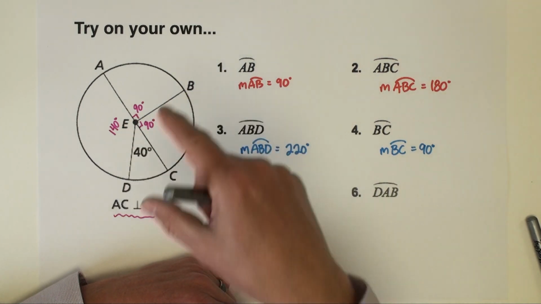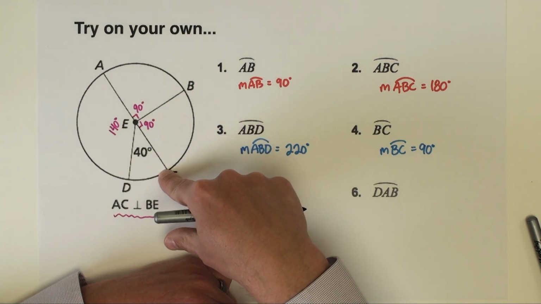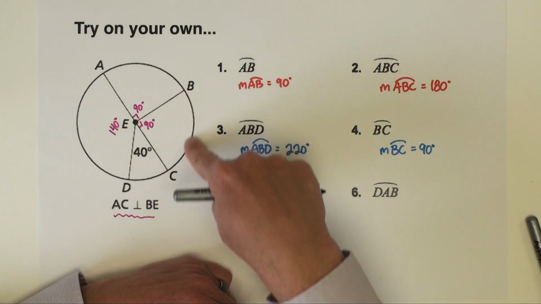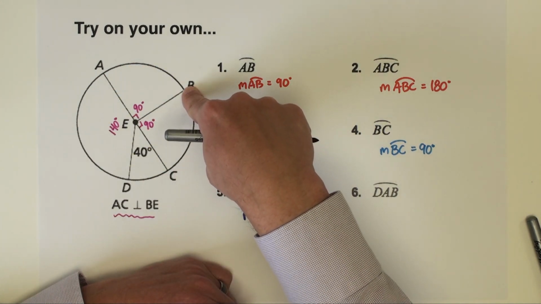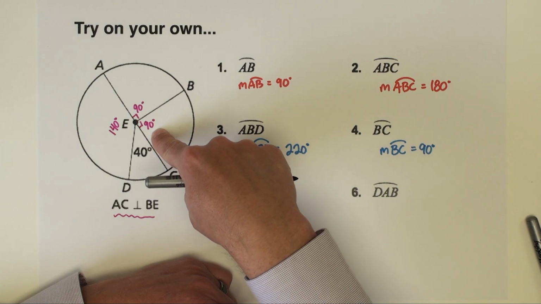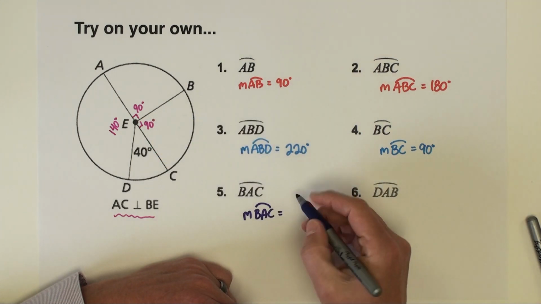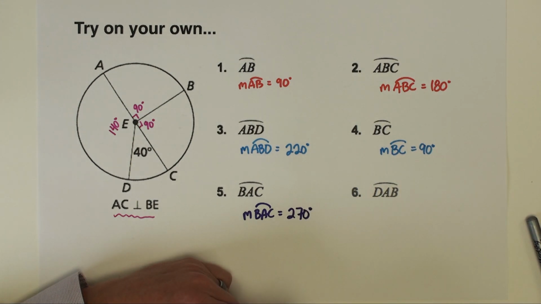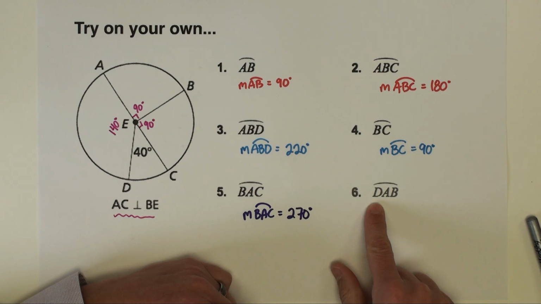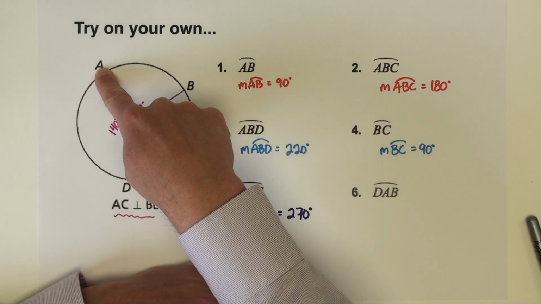The other way to do it is to recognize that arc BAC is the entire circle except for this minor arc. So I could take 360, the entire circle, and subtract 90 from it. If I do that, 360 minus 90 is 270 degrees.